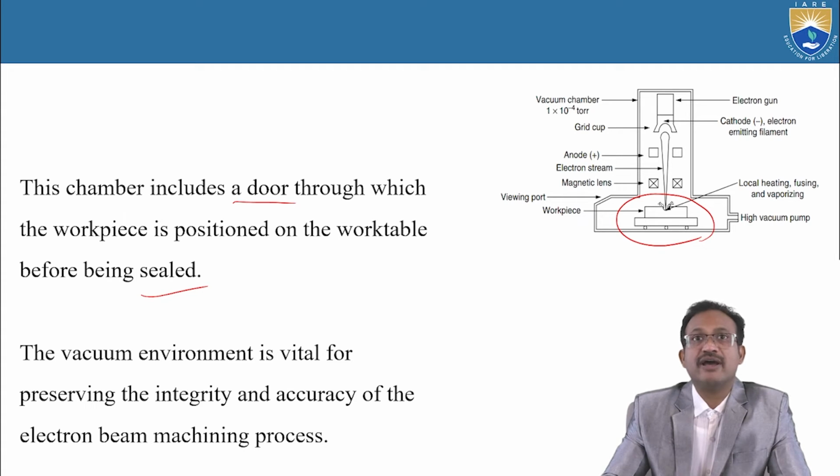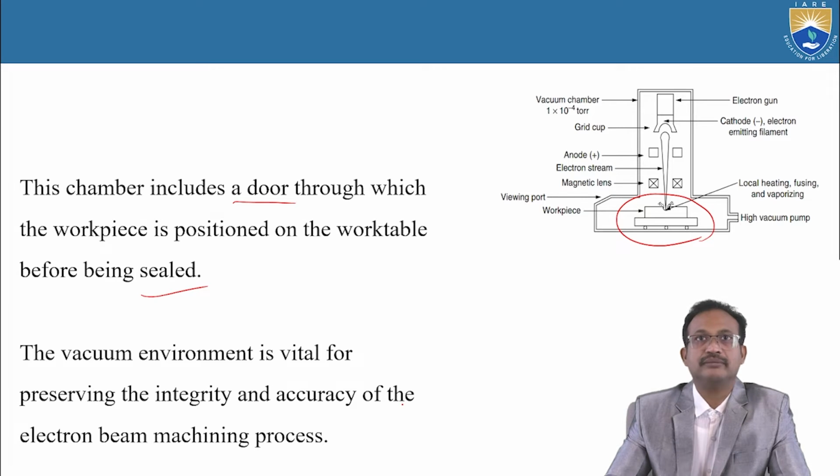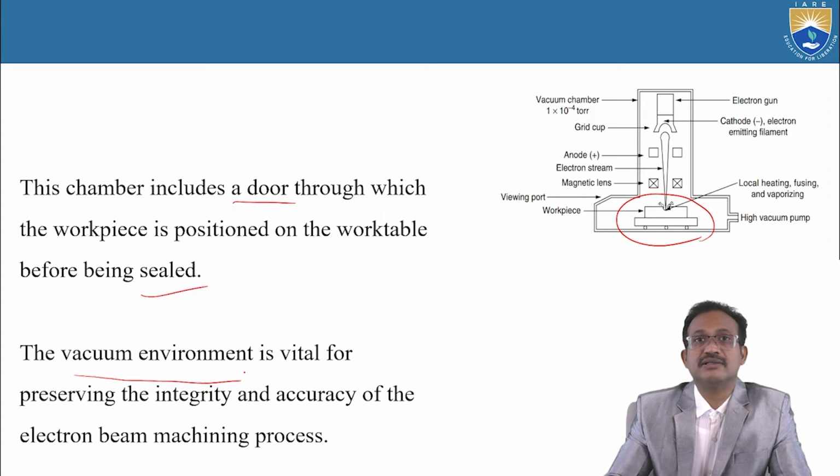The vacuum environment is vital for preserving the integrity and accuracy of the electron beam machining process. So the vacuum environment also plays an important role.